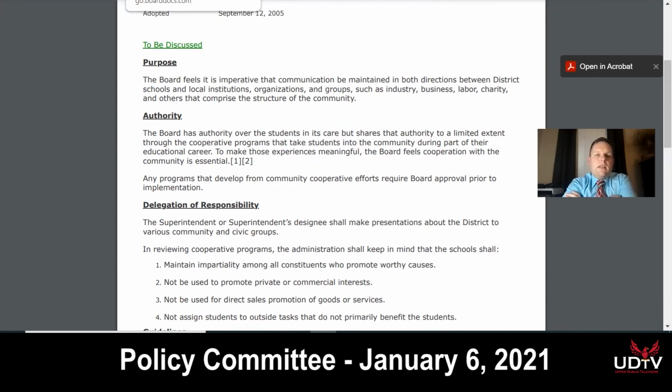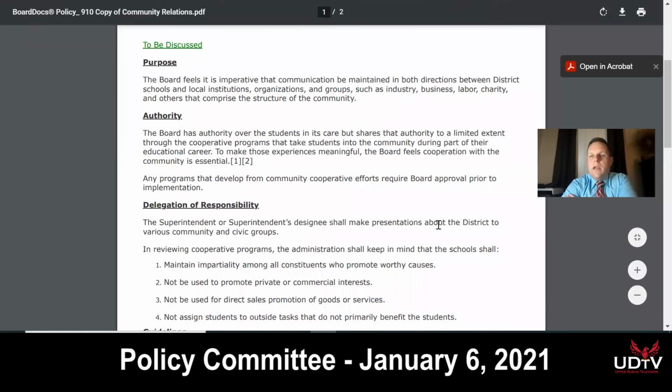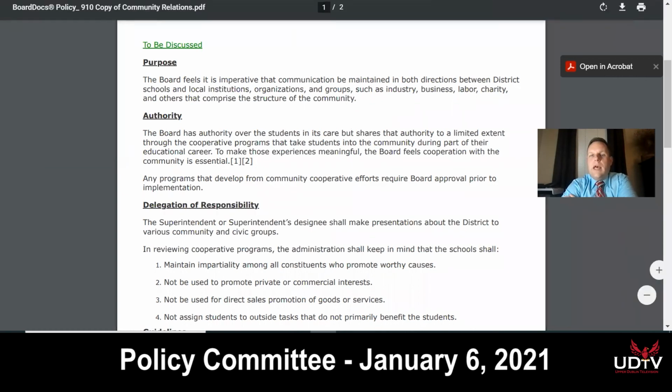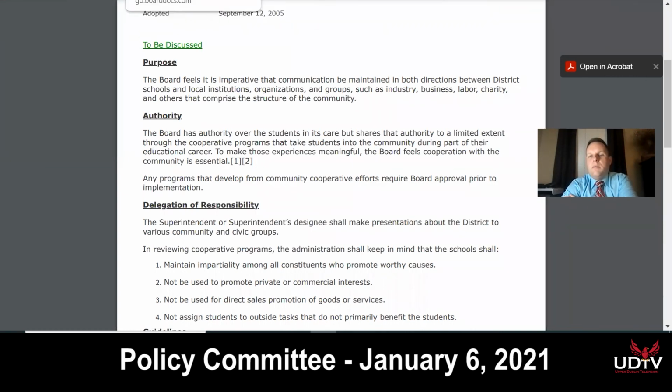I wanted to get the committee and then ultimately the board's thoughts on really looking at all of our community relations policy and perhaps doing a comprehensive overhaul where we have an umbrella policy with a number of ARs, because some of the language in some of our policies is antiquated and really needs to be updated to match the current time that we're in.